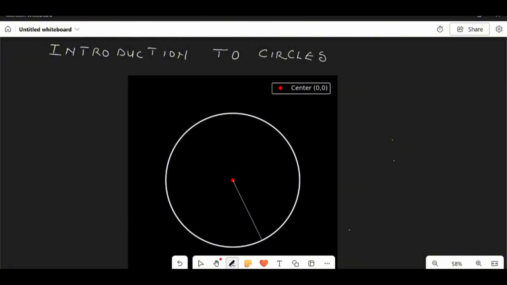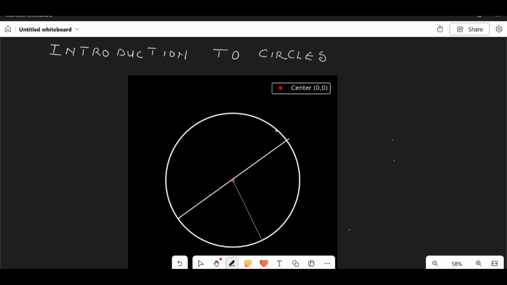Diameter. The diameter is a straight line that passes through the center, connecting 2 points on the edge. Let us say this is one point on the edge, and another point on the edge. The line that connects the 2 points and passes through the center is called the diameter.